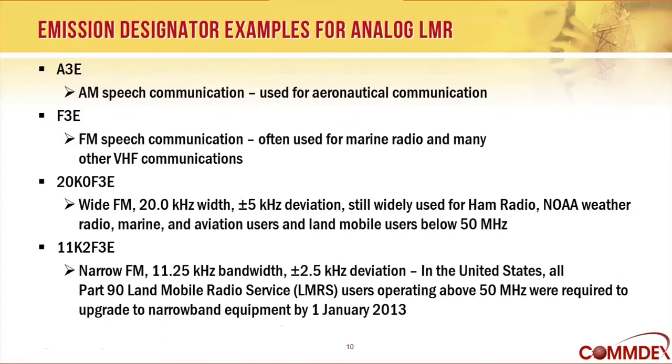So this is narrowband FM. This is still not digital. Narrow FM. In the US, all Part 90 land mobile radio service users above 50 meg were required to upgrade to narrowband. So they could have done it analog or they could have done it digital.